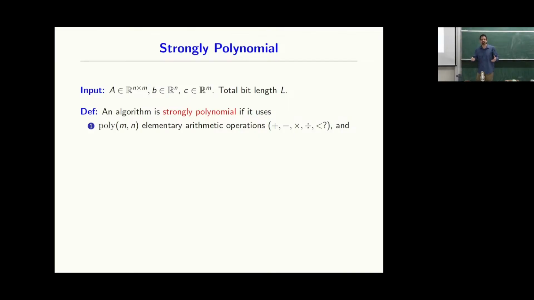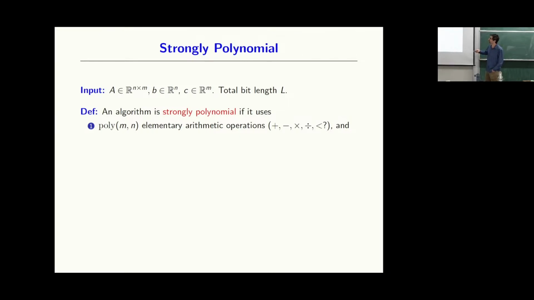So if you're thinking of a graph problem, or a flow type problem, you would want an algorithm that depends on the number of edges and nodes, not necessarily on how bad the weights are in the coefficients of the objective. So this is what motivated the definition of strongly polynomial.